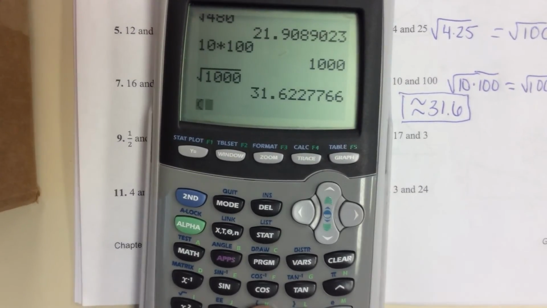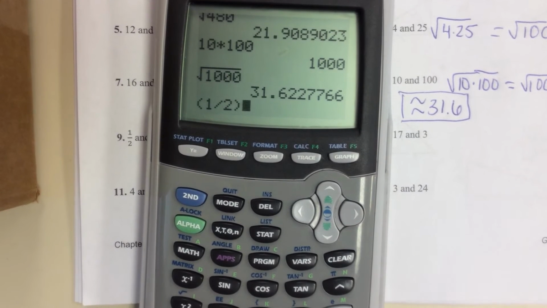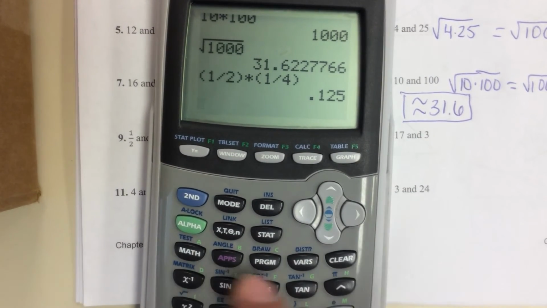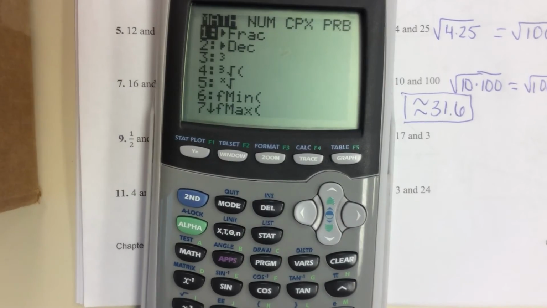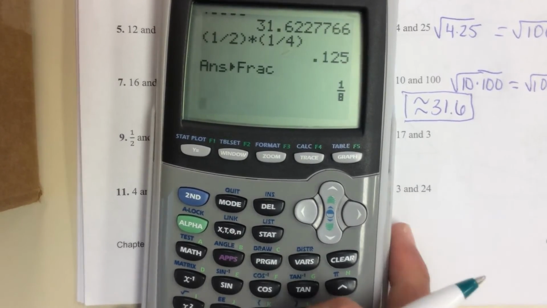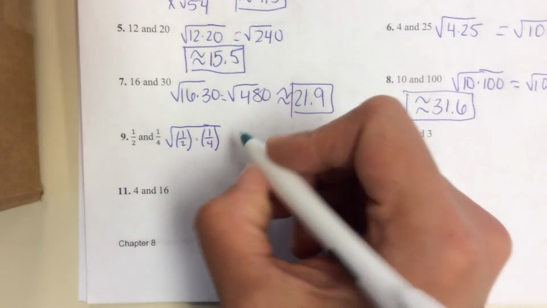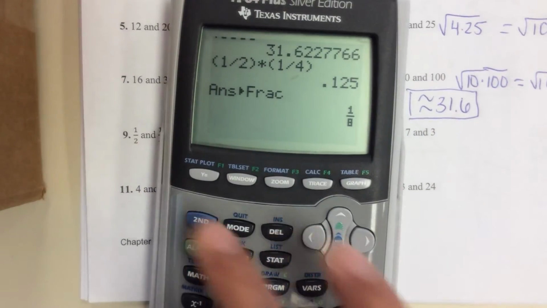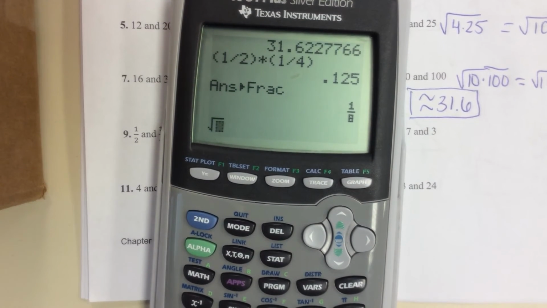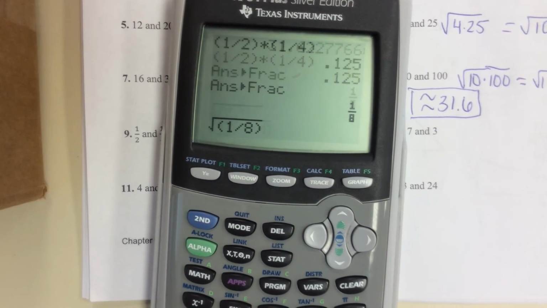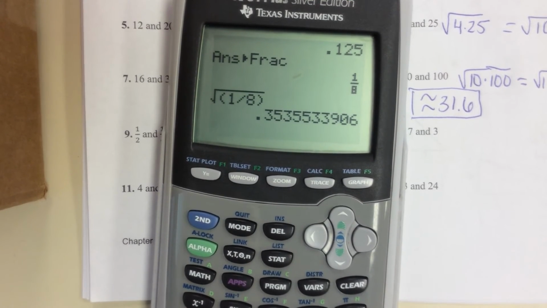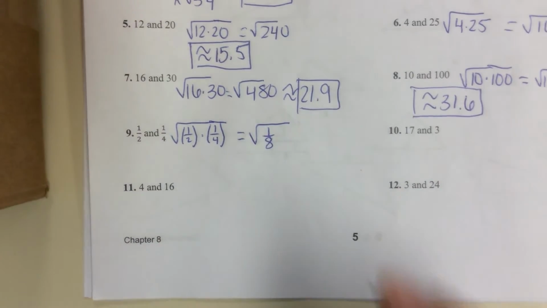Again, don't forget your parentheses. And if you get a decimal like this, you can type in math, enter, enter to turn it back into a fraction. So that gives you 1/8. You get the square root of 1/8. Second square root, and I'm going to put parentheses here, gives me approximately 0.35, or we'll round it up to 0.4.